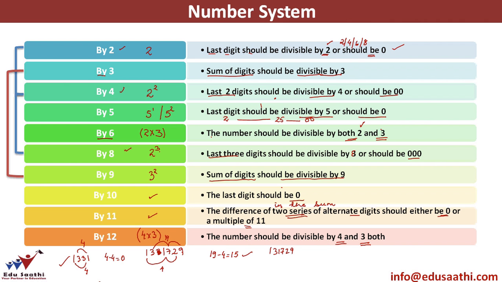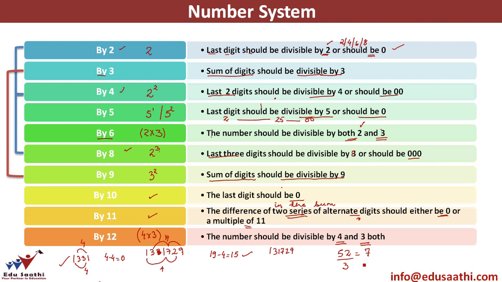Now if a number is divisible by any divisor, the remainder would be 0. If the number is not divisible by the divisor, there would be a certain remainder. The divisibility rules also help us find out the remainders. Let me take an example: the number 52, and check the divisibility with 3. If I do the sum of the digits, it comes out to be 7.